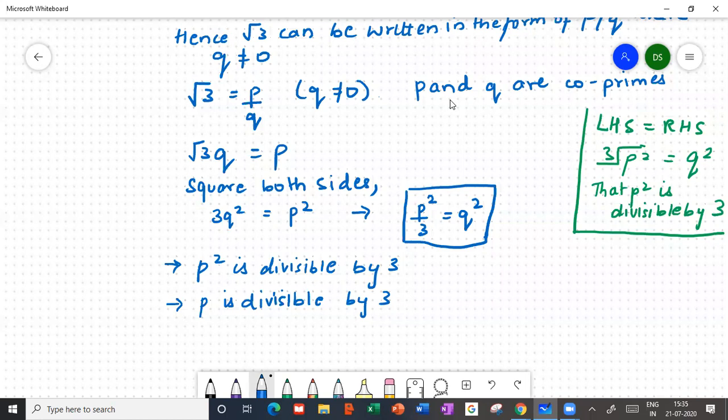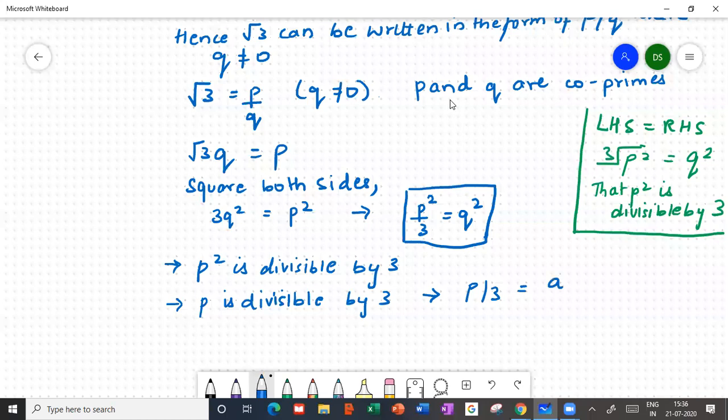So this statement can also be represented as p by 3. So p square by 3 is giving you q square as the quotient. So if I do p by 3, I might get another answer, another variable, let's say a.